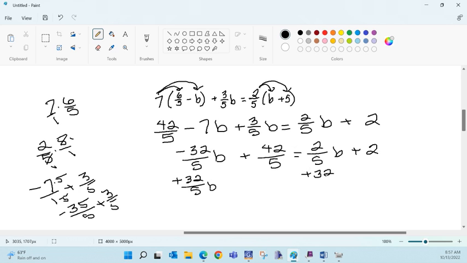You're going to love what we do tomorrow because it's going to get rid of these fractions early on. So negative 32 plus 2 is negative 30... giving 34/5 b equals 42/5.